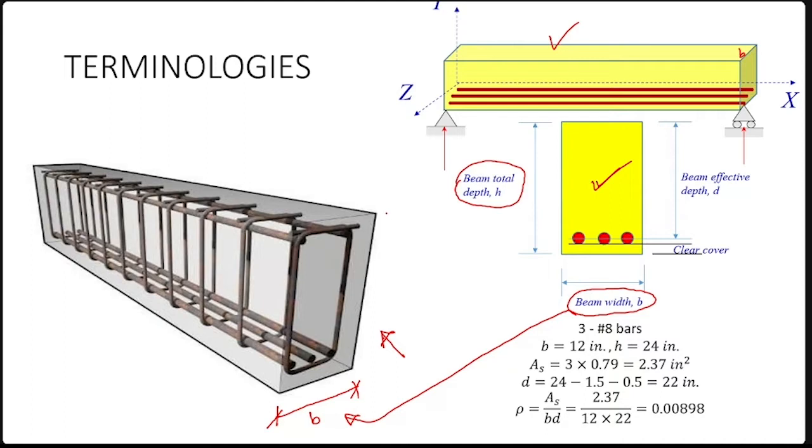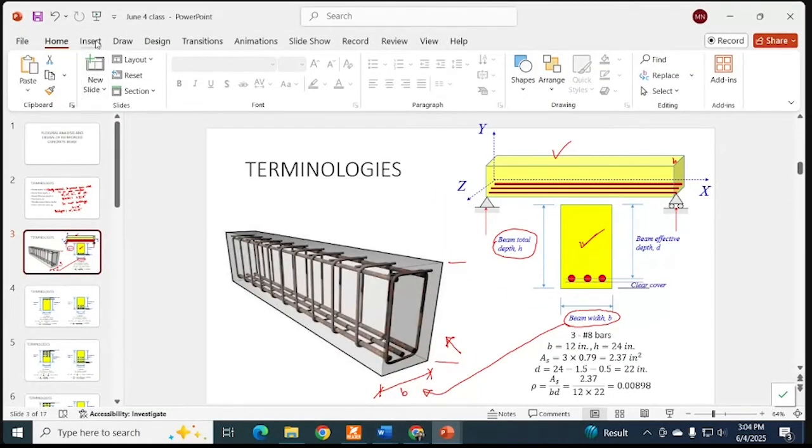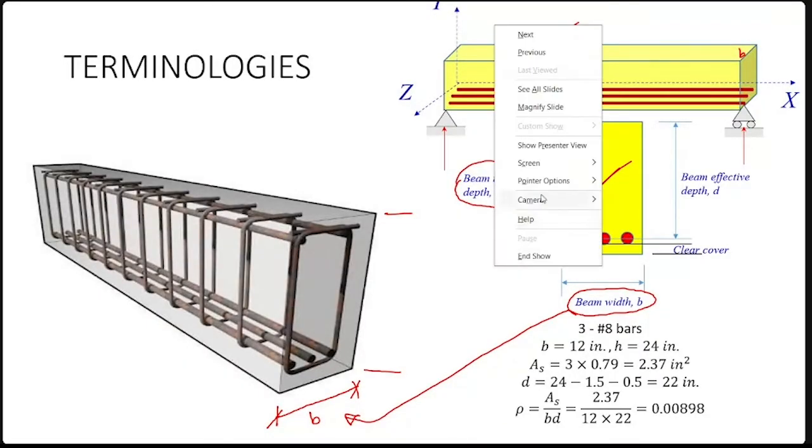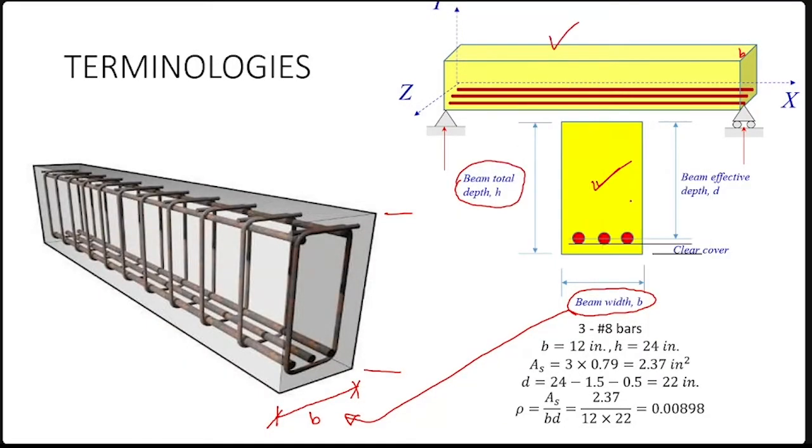Beam total depth is simply the beam depth, the other dimension, H. That's our beam total depth.